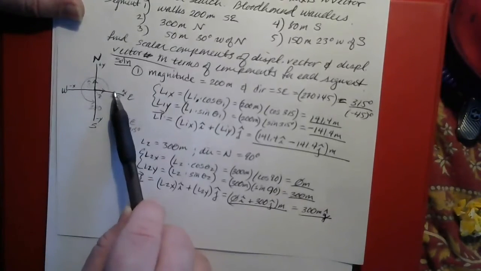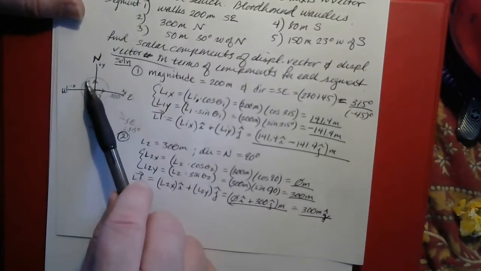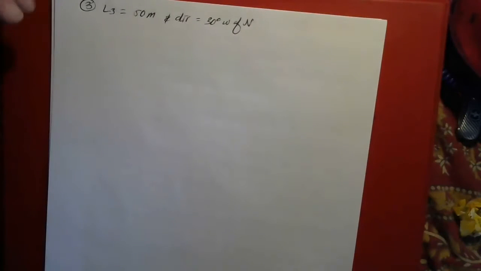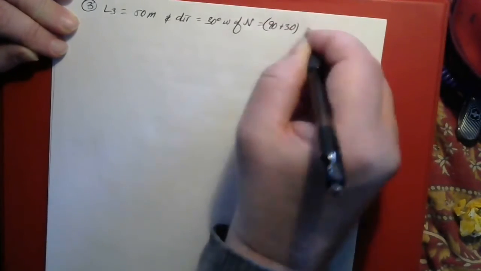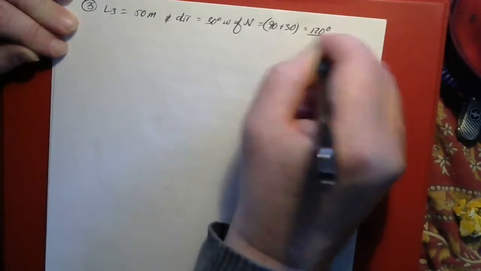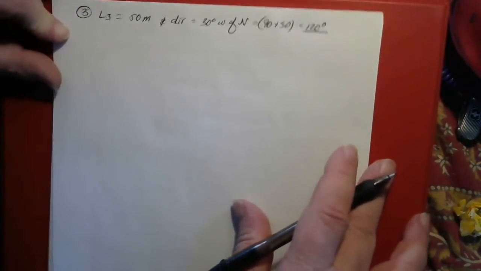Or in other words, it's 90 degrees to get from east to north, plus another 30, which would be 120, I believe. Yes. Okay, so it's 120 degrees for the angle.